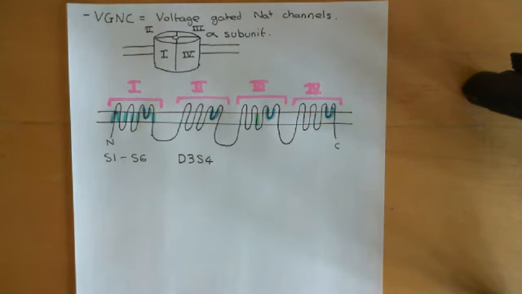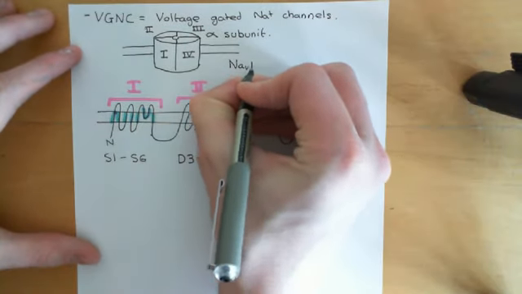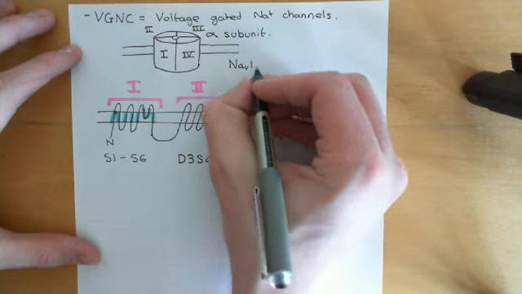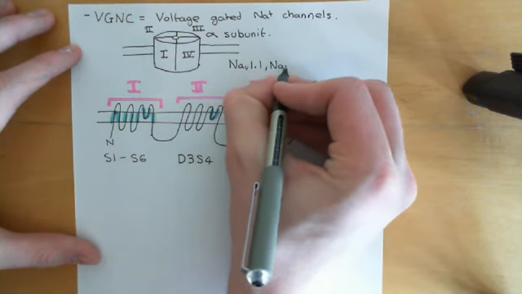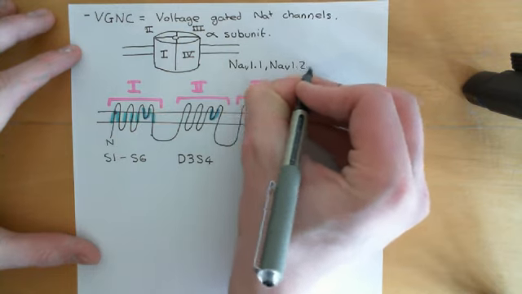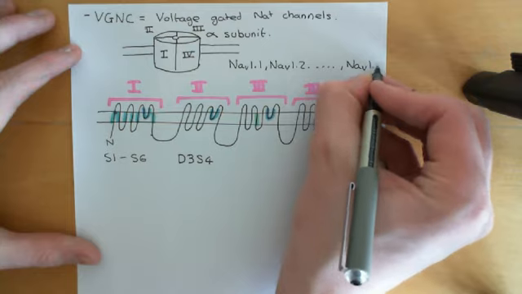There are 9 different alpha subunits for voltage-gated sodium channels, named NaV1.1, NaV1.2, all the way up to NaV1.9.